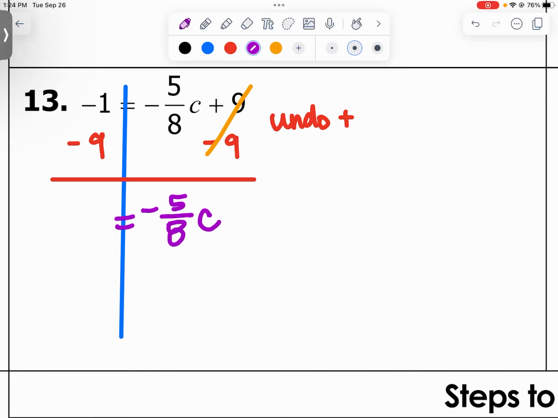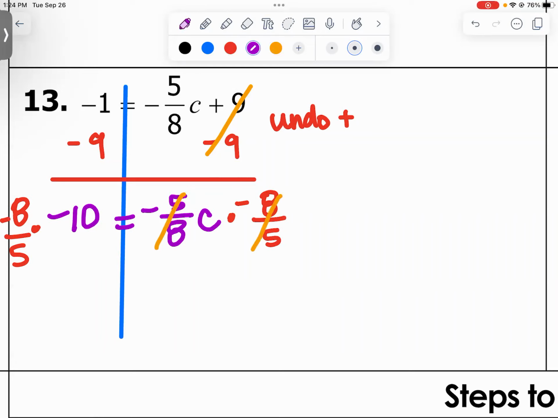Cash, what's -1 minus 9? -10. Good. Now for our second step, Emma, what do we do next? By 8/5. Do we need to bring the negative with it? Okay, so we are multiplying by the reciprocal, -8/5.